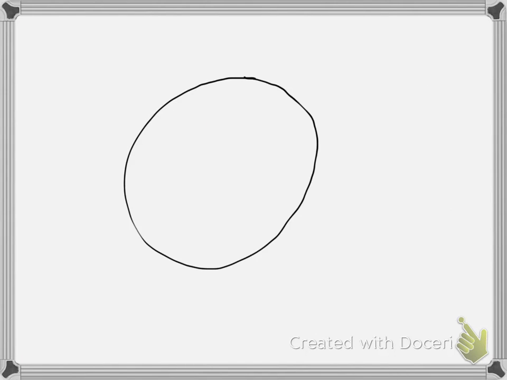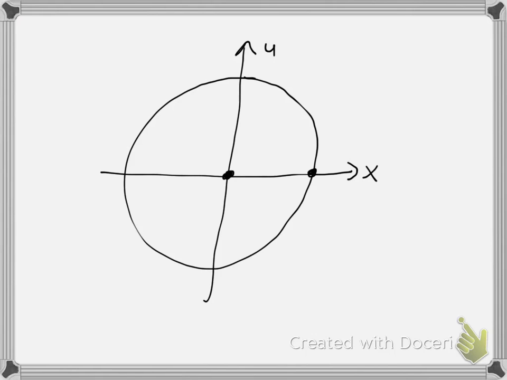And in a circle, just for your information, if I were to start at the x-axis and go up here, then I've subtended an angle of pi half radians. And if I go halfway around the circle, then I've gone pi radians.